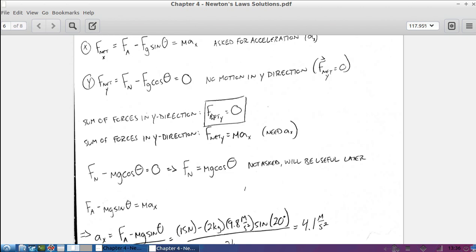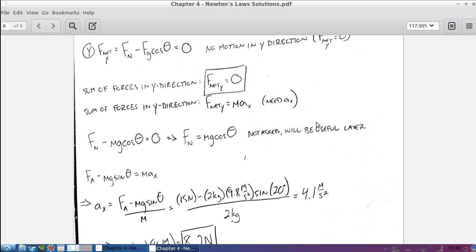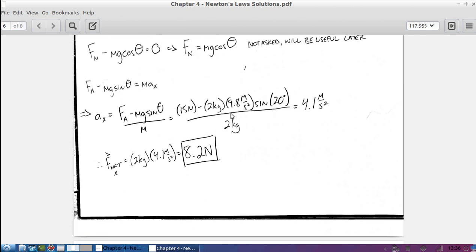So F net in the y direction is 0. F net in the x direction is the object's mass times its acceleration. So I don't have to plug this in and then calculate this and add them together. If I know the acceleration and the mass, I know the net force in the x direction.